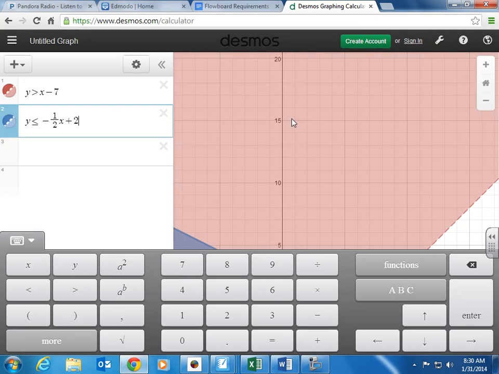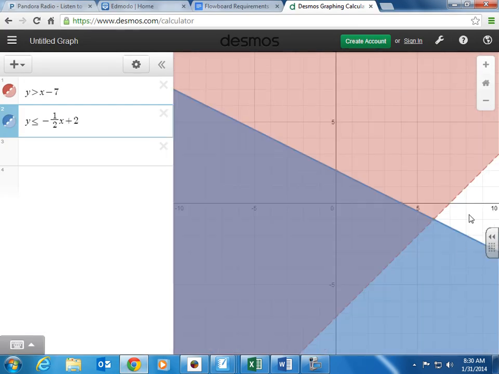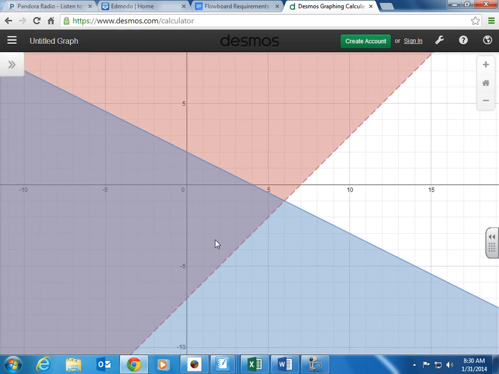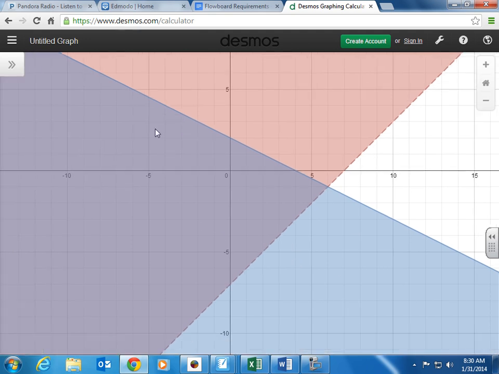I'm going to go to my home view and take a look at these. When I graphed the red, I had my dashed line and I shaded above. When I graphed the blue, I had a solid line and I shaded below. Where do my solutions lie? They lie right here in this overlapping region where the red and blue overlap.